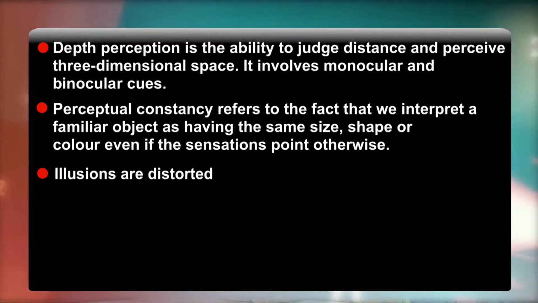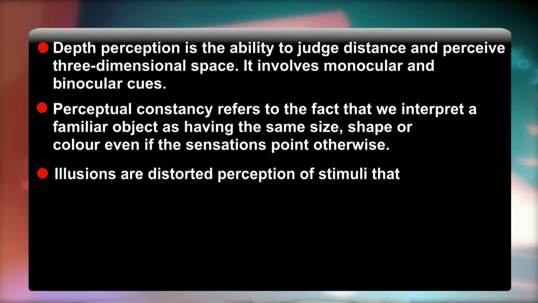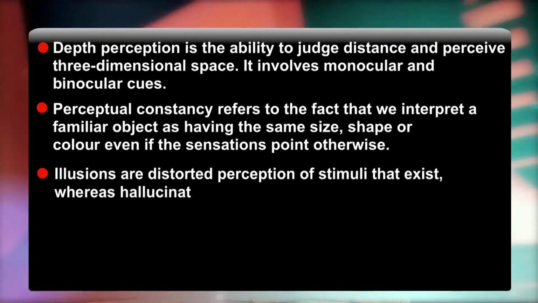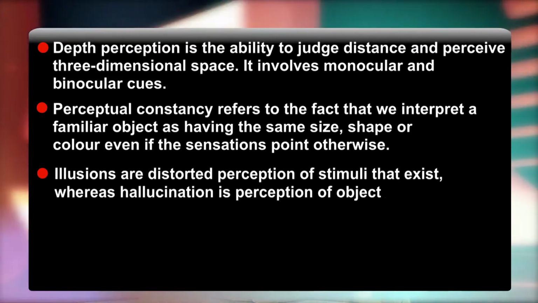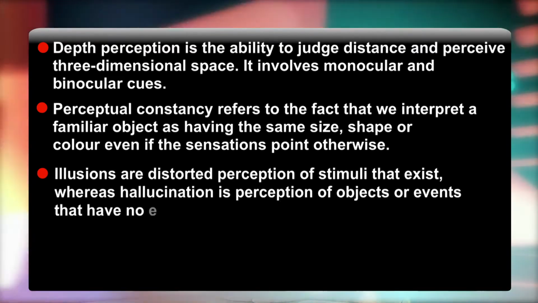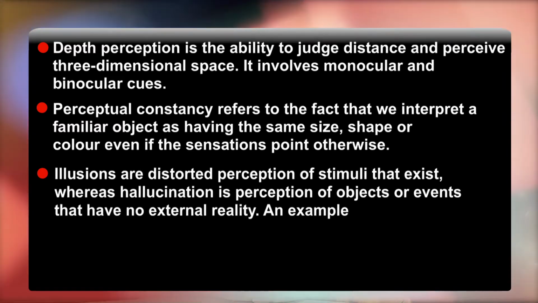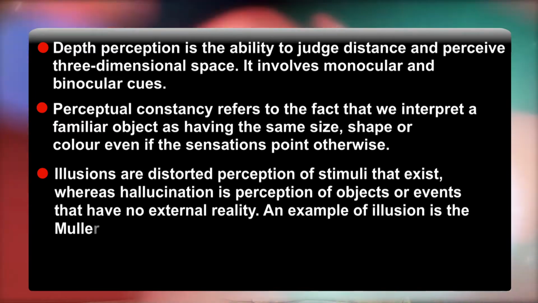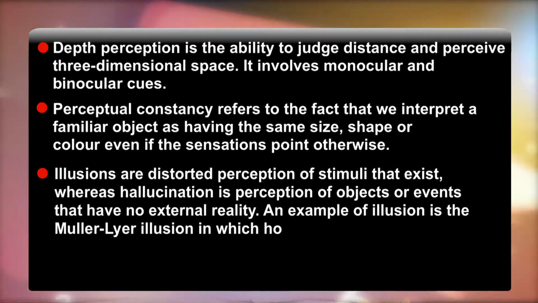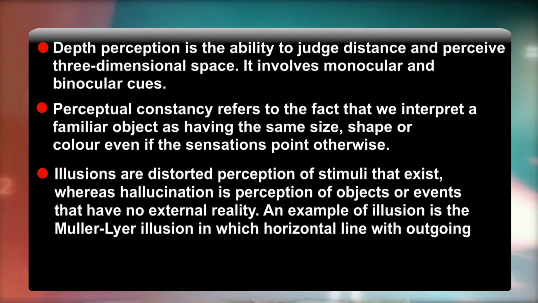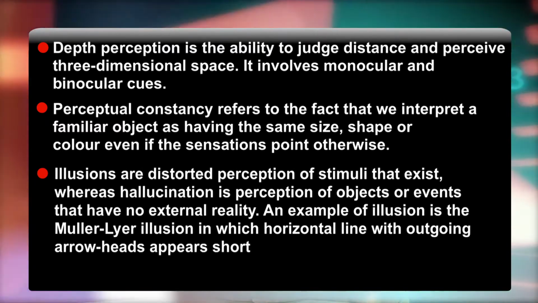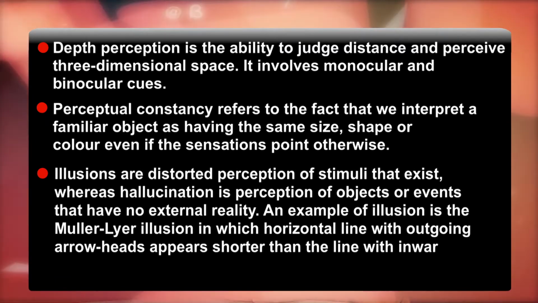Illusions are distorted perception of stimuli that exist, whereas hallucination is perception of objects or events that have no external reality. An example of illusion is the Muller-Lyer illusion, in which a horizontal line with outgoing arrowheads appears shorter than the line with inward arrows.